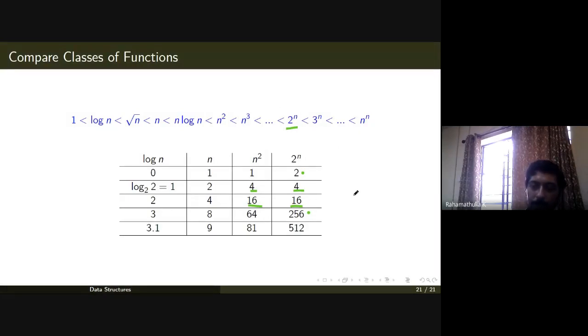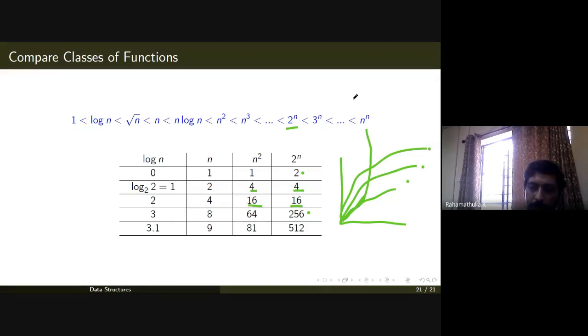So initially the values of 2 raised to n will be small. If you consider the graph, the 2 raised to n graph will be growing very steeply like this, while n raised to 2, n raised to 3, etc. graphs will be going like this. So this will be n square, this will be n cube, this will be n raised to 4, and so on.